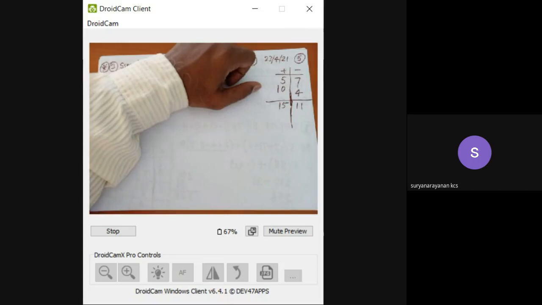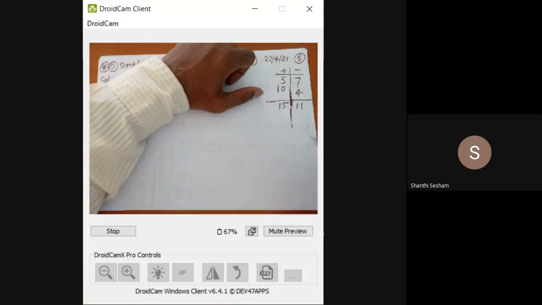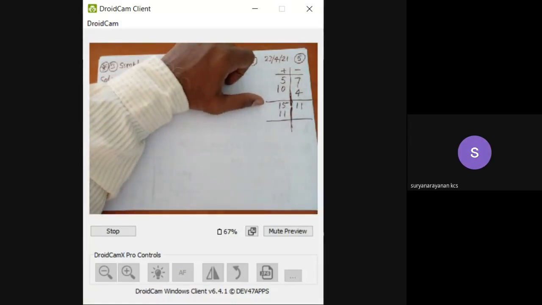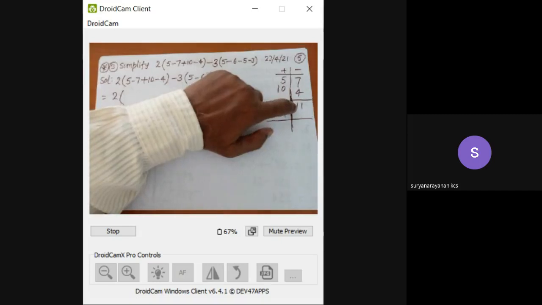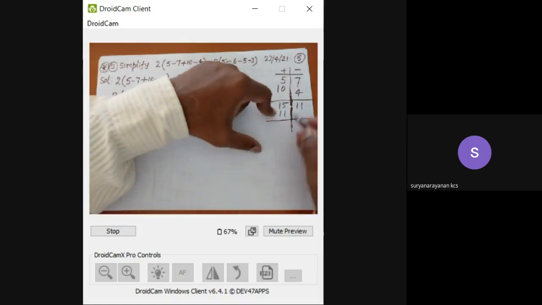Tell me the next step. Sir, 15 minus 11. Very good. Write the smaller number right below the bigger number. Then what will you get here?